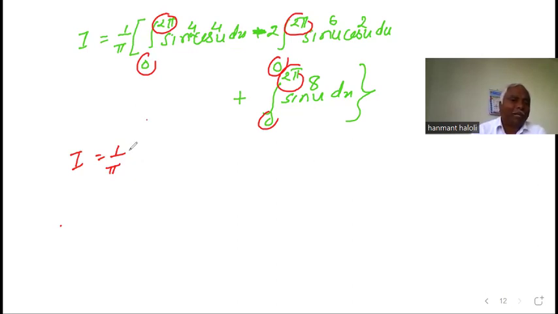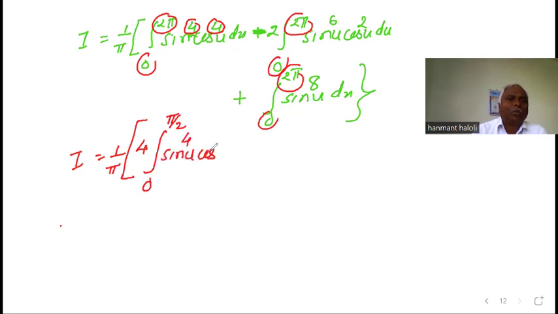Here both the powers are even numbers, therefore it becomes 4 times integral 0 to pi by 2 sin raised to 4u cos raised to 4u du.